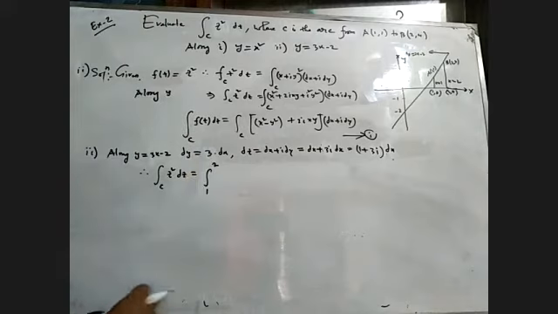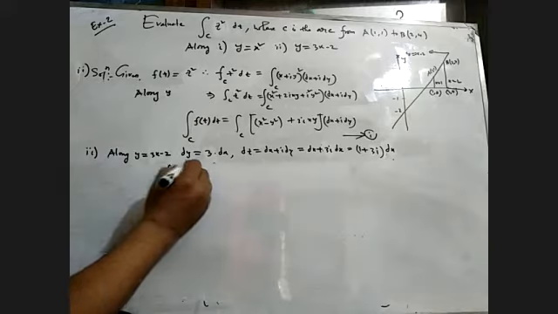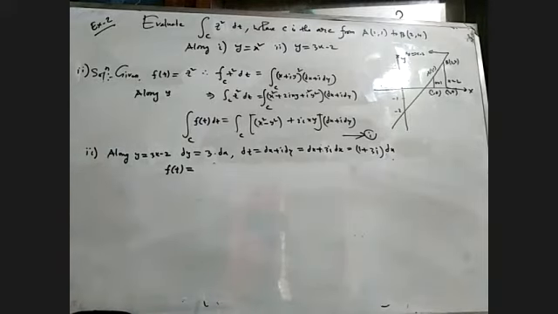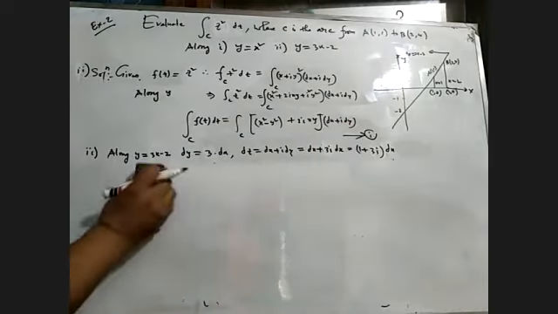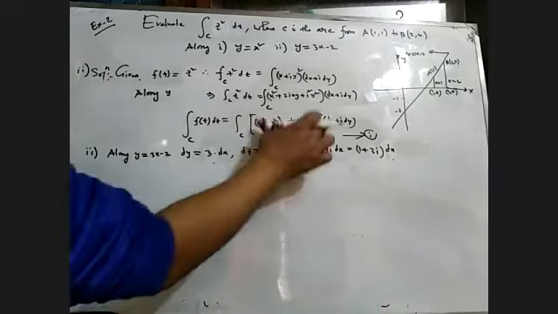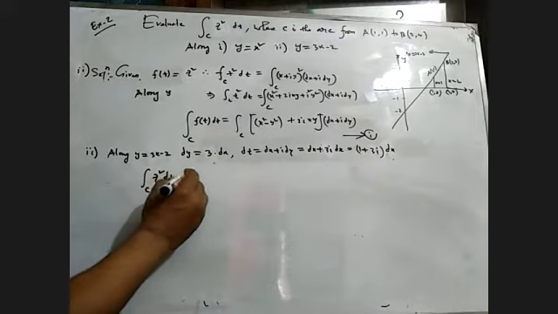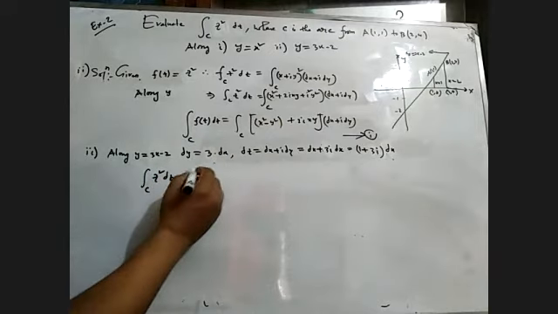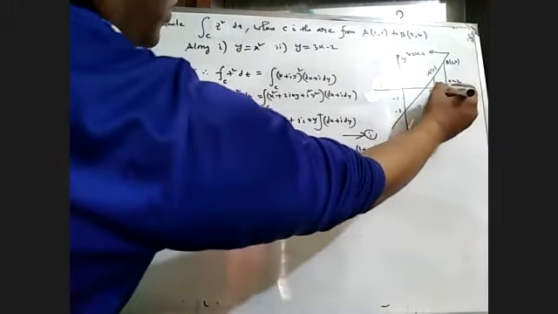Okay, just putting y equals this, we get the integration. So z square dz, what will be? The integral limit will be 1 to 2. From A to B means x changes from 1 to 2.